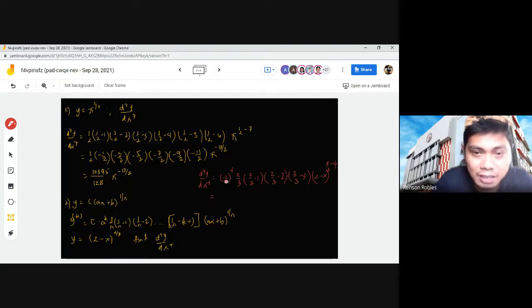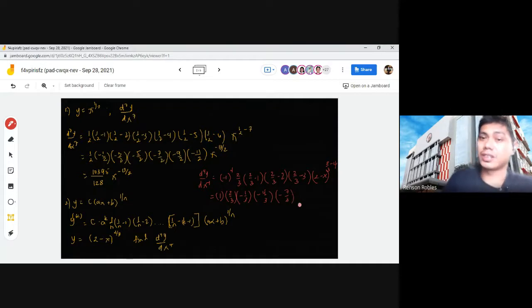You know that -1 to the 4 is equal to 1. So you have 1 times 2/3 times, 2/3 minus 1 is -1/3, then 2/3 minus 2 is -4/3, and then 2/3 minus 3 is -7/3.